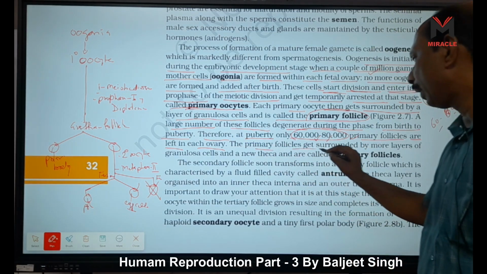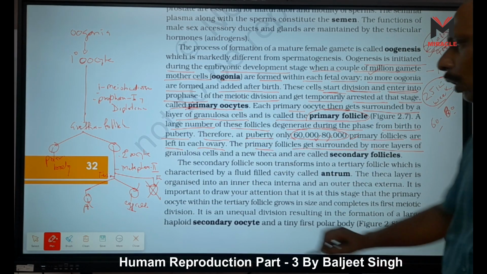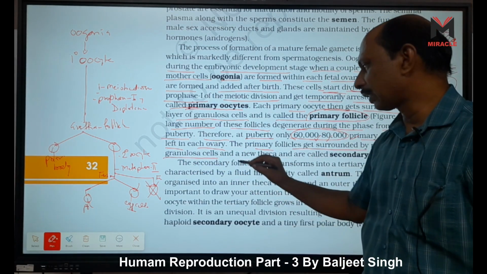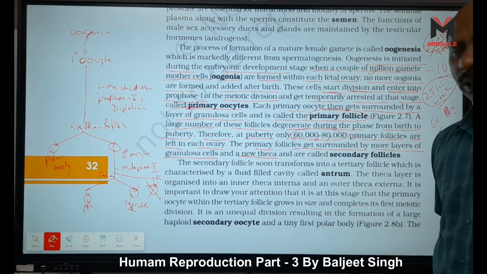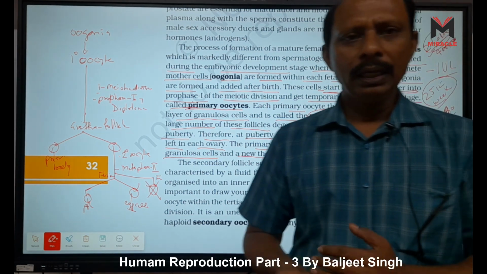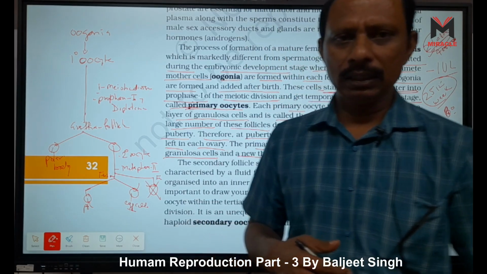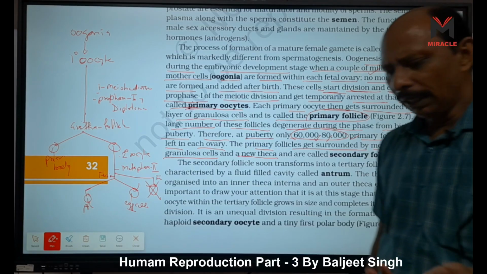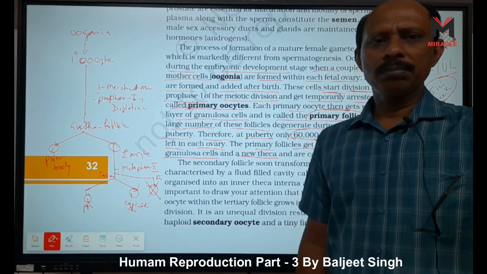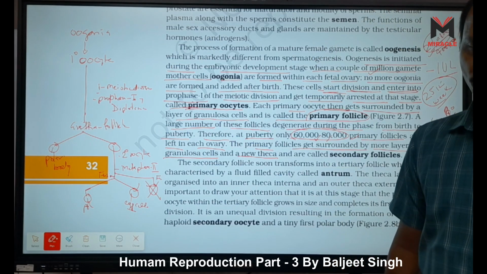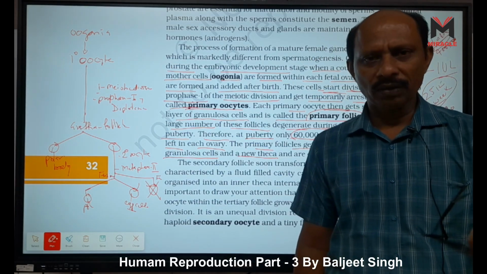The primary follicle gets surrounded by more layers of granulosa cells, many layers, and a new theca. Theca means a covering is formed. That is called theca interna and theca externa, right? The theca externa is made up of white fibrous connective tissue, which is made up of collagen fibers.